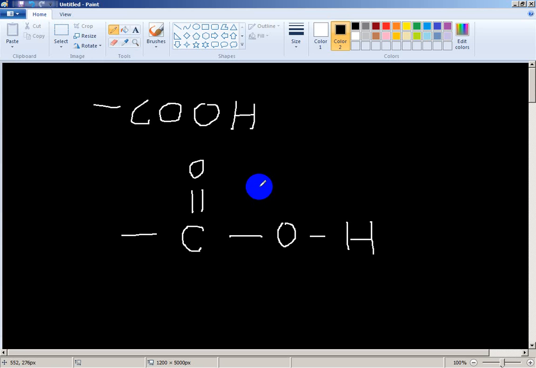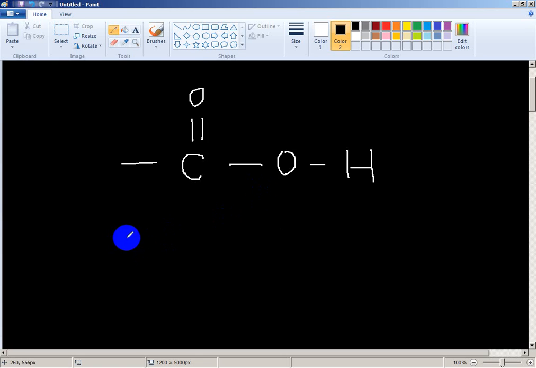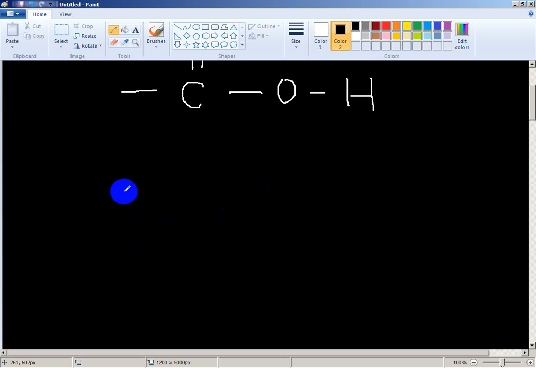The general formula of carboxylic acid, like I write, we make the general formula of carboxylic acid from a compound. Like this is ethanoic acid.